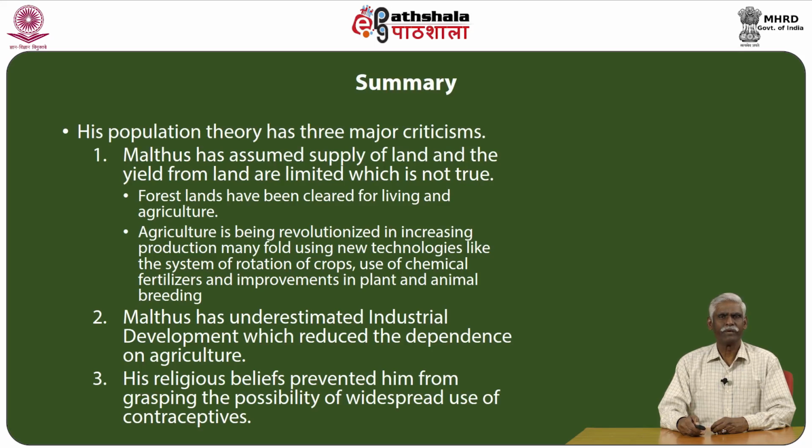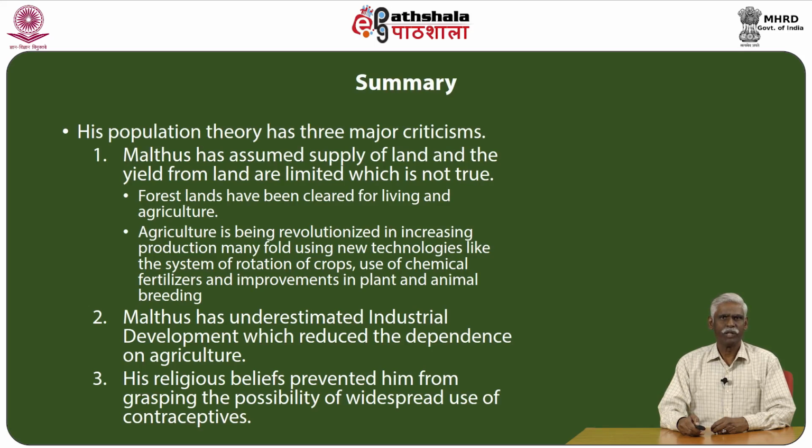This will take care of needs irrespective of the population growth. To that extent, the relation between agriculture development and population growth, the way in which it was related by Malthus, was questioned.